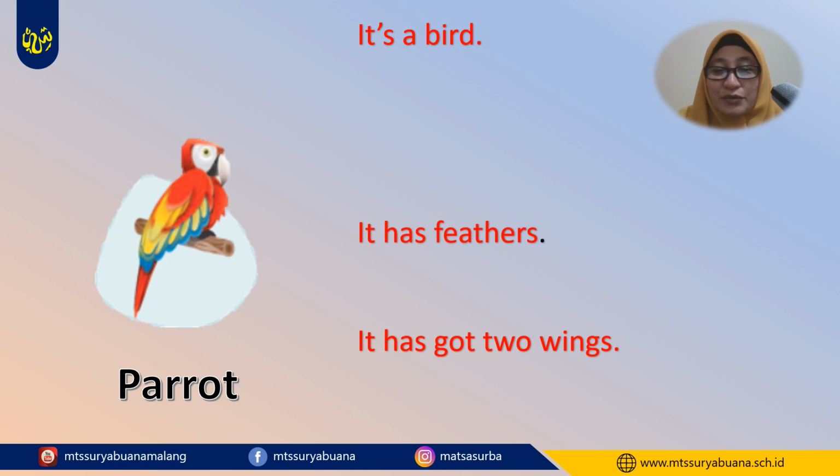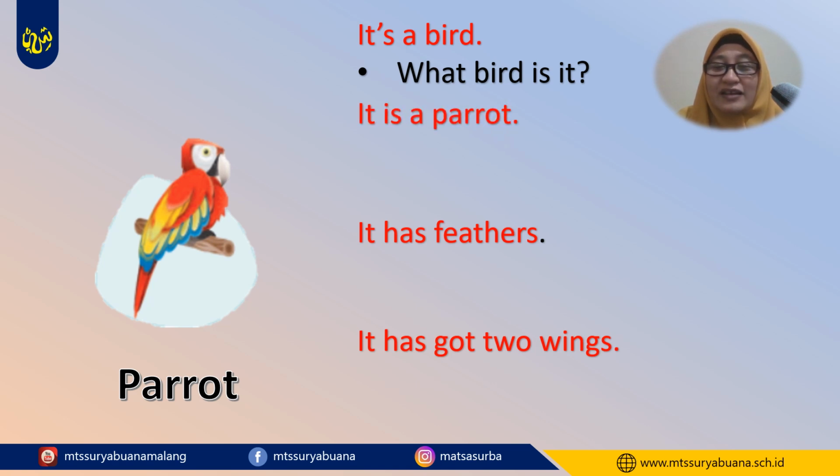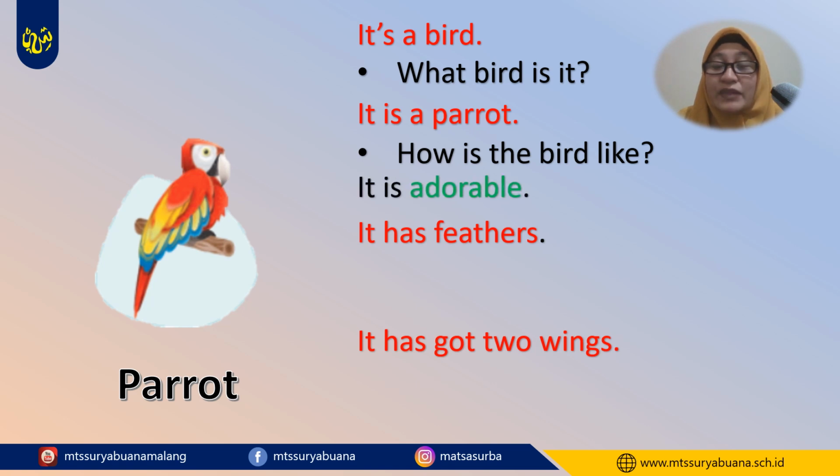So if you want to know this information, you can ask what bird is it, for the kind of bird. Then you can answer it's a parrot. And then how is the bird like? It is adorable.